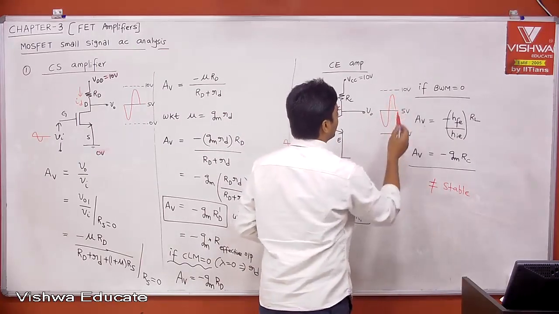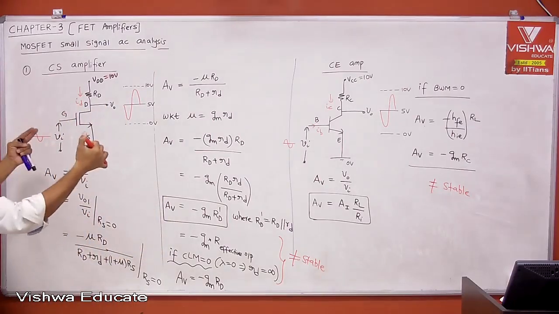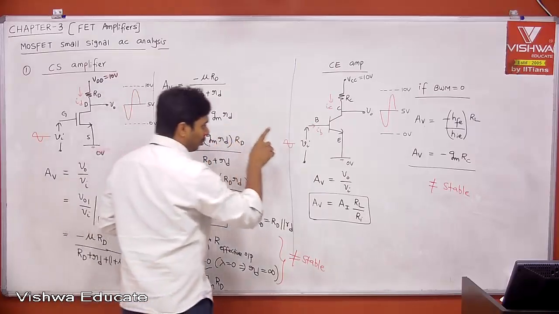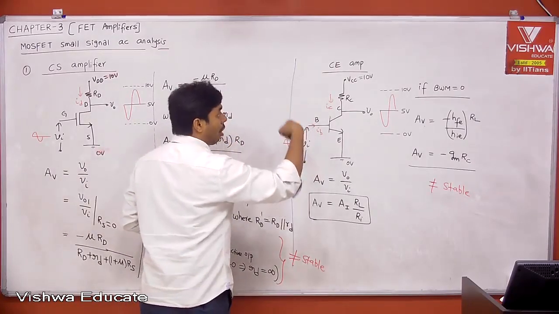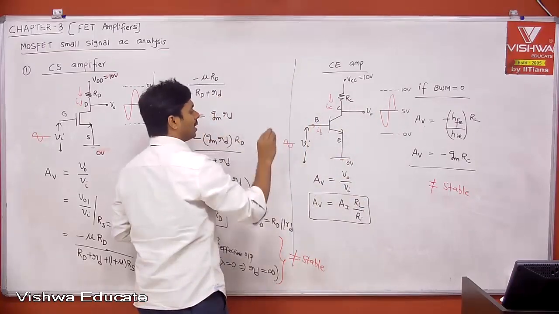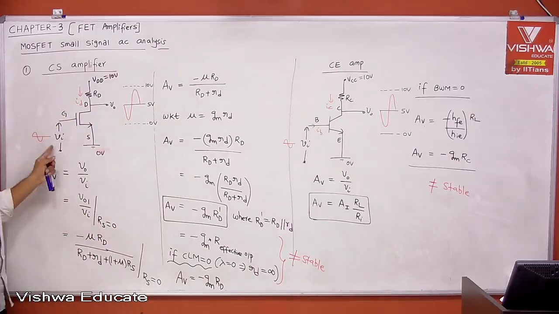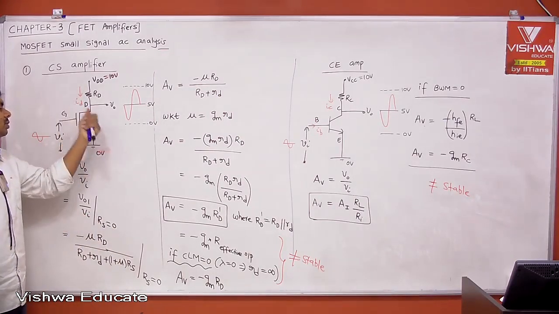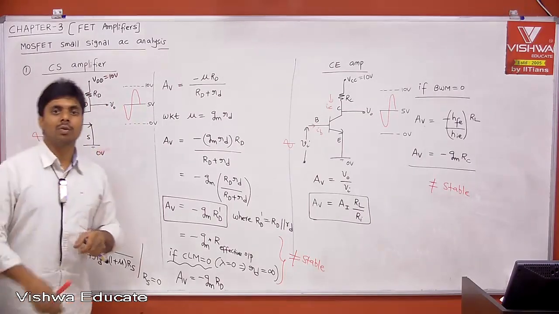This is what I explained already before, and exactly the same way we are getting it here. The only difference between MOSFET and BJT is that in BJT input voltage is converted into input current, then output current, then output voltage. In MOSFET, input voltage goes directly to output current because there is no input current. That output current is converted to output voltage, and the ratio of output voltage to input voltage is what defines voltage gain.